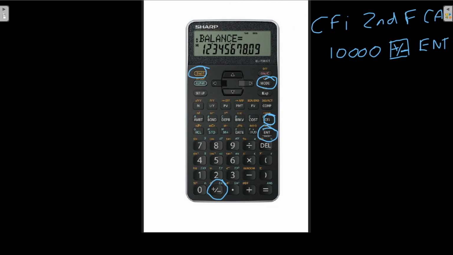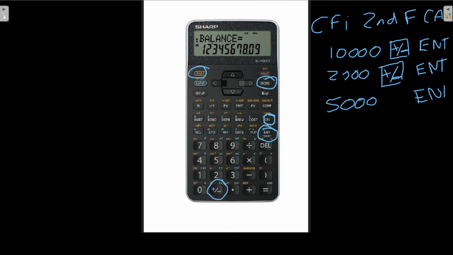Okay, then you will type in your negative 2000, so that's 2000. Again, your positive negative button, and you enter that. And you do the same for all the rest. The 5000 is positive, so you just enter that.